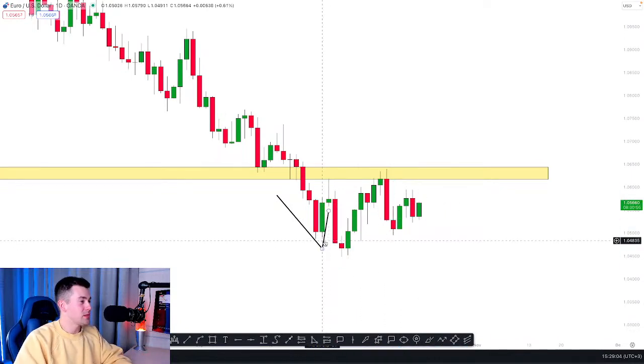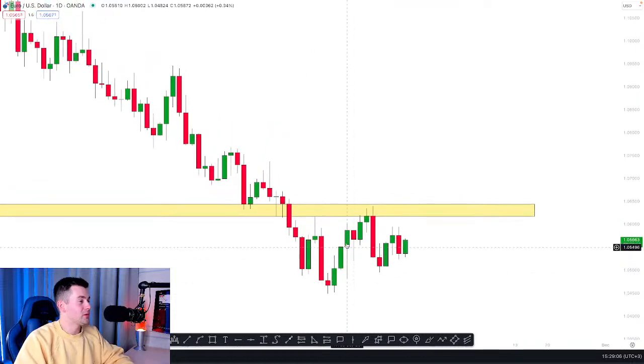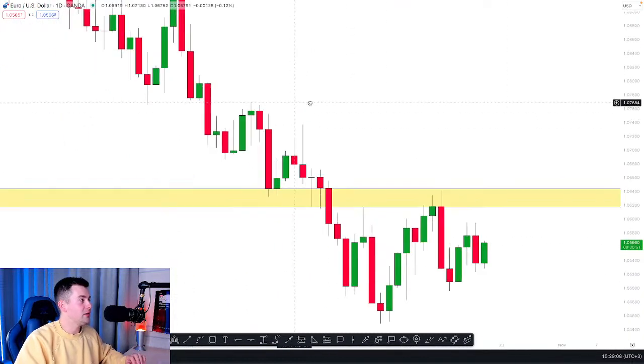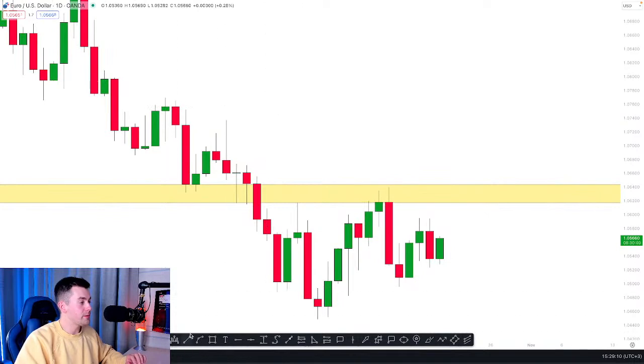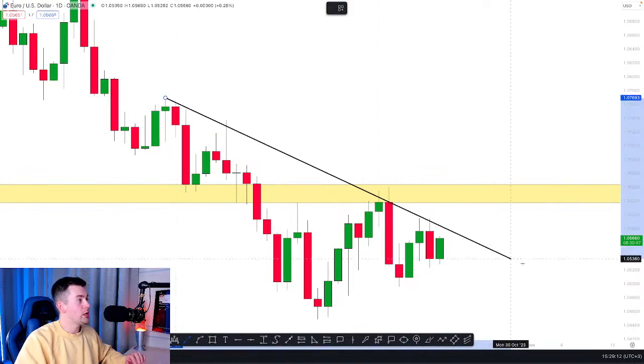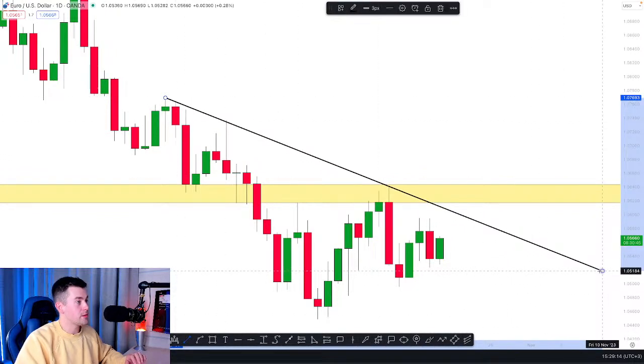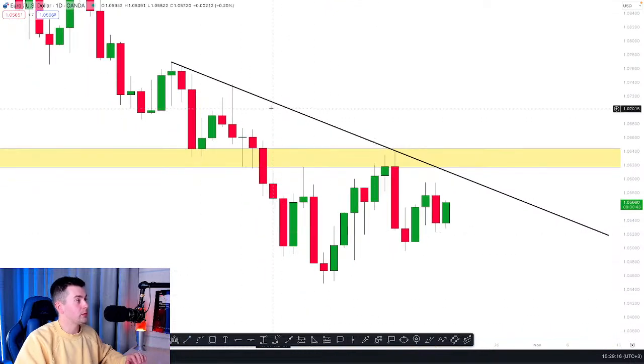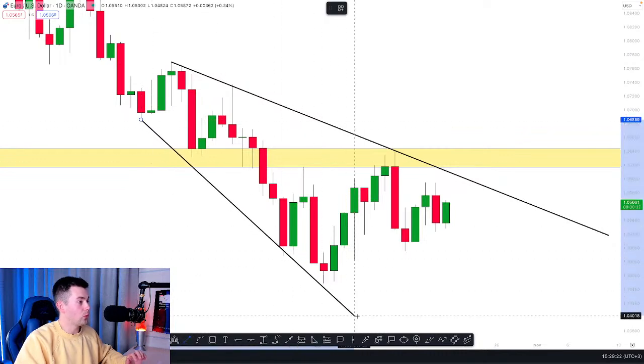I have also some more things to add about euro dollar, because analyzing the lower highs here, we can also notice this very peculiar falling trend line. Yes, and we actually have one more right here.